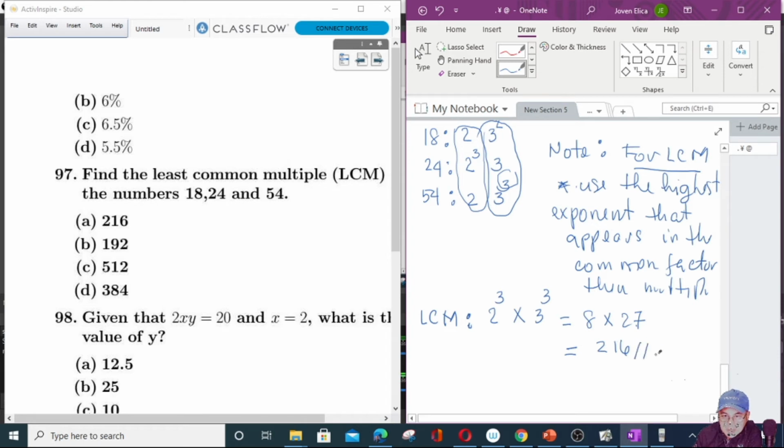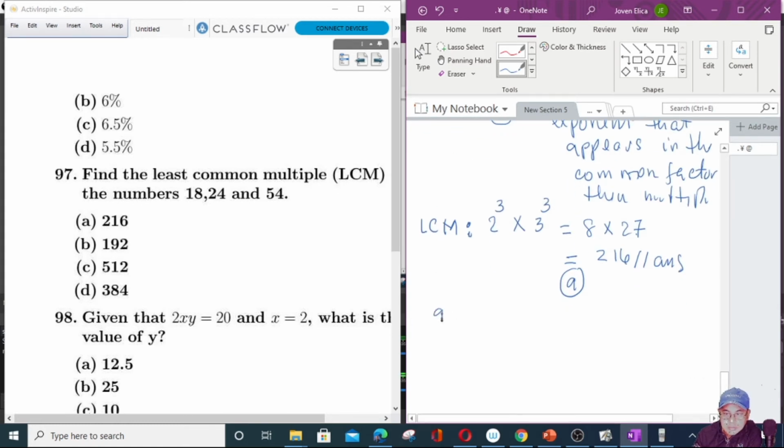So this is the LCM. Again, use the highest exponent among the common factors, and then multiply. So the answer is letter A.